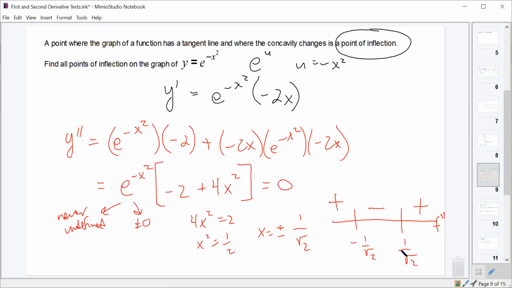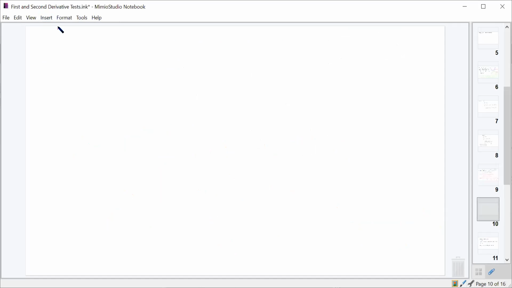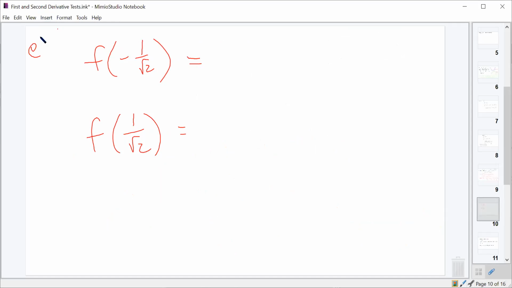So let me get myself another page here. We need to find f of negative 1 over root 2, and we need to find f of 1 over root 2. And our original function was what? E to the negative x squared, right? So these should come out to be the same, right? Because if I square negative 1 over root 2 and positive 1 over root 2, I get the same number. I just get a half for both of those.